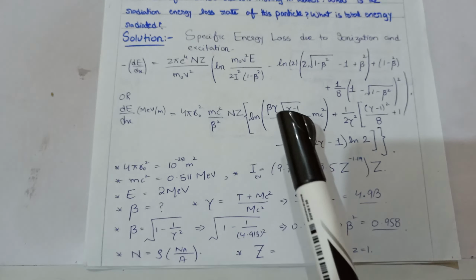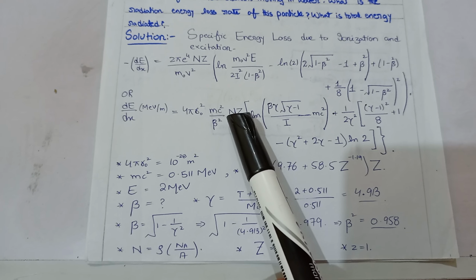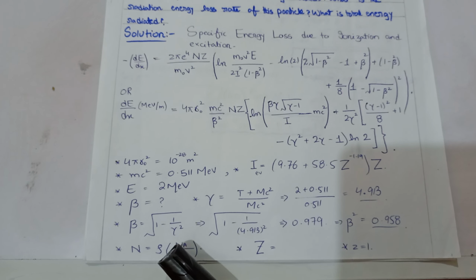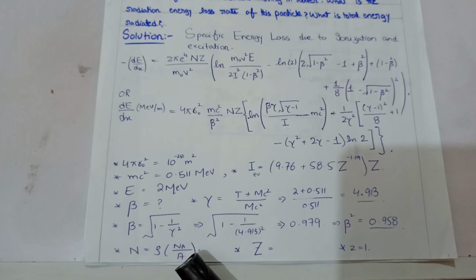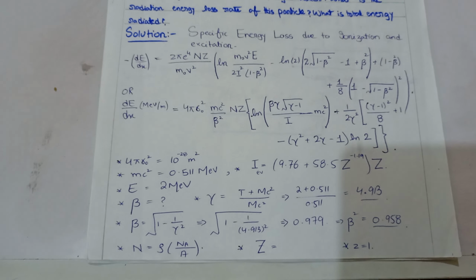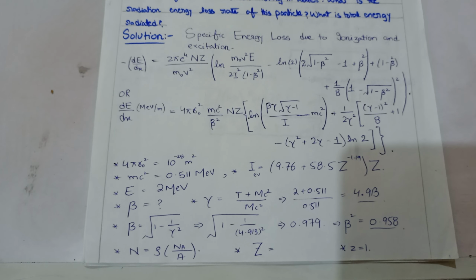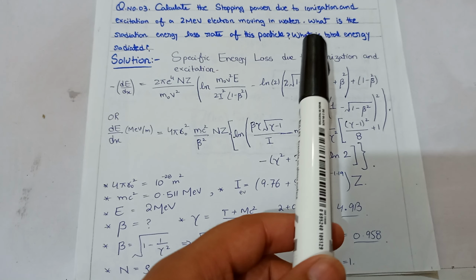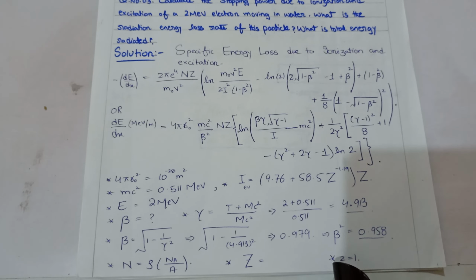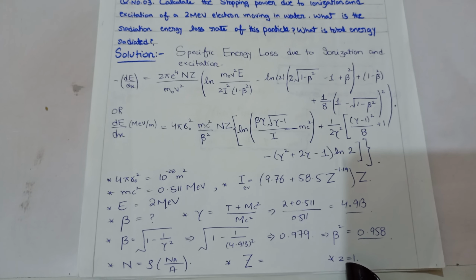There is another value, capital N. Capital N is the product of density multiplied by Avogadro number divided by A, which you already know is the mass number. Small z, for the case of electron and positron, always equals 1.